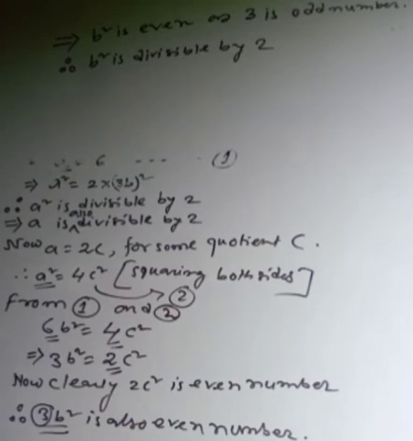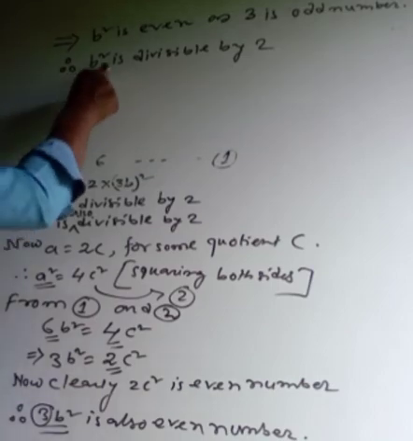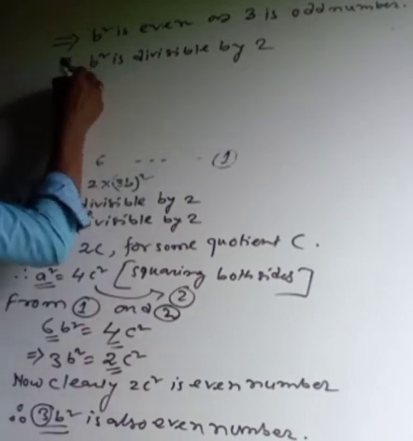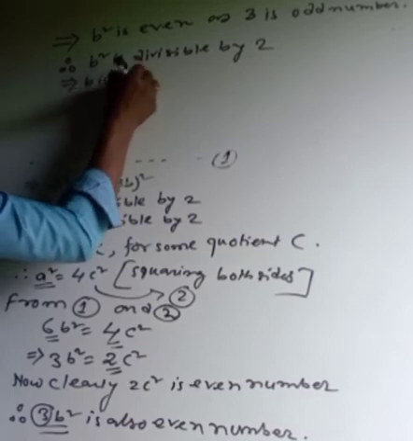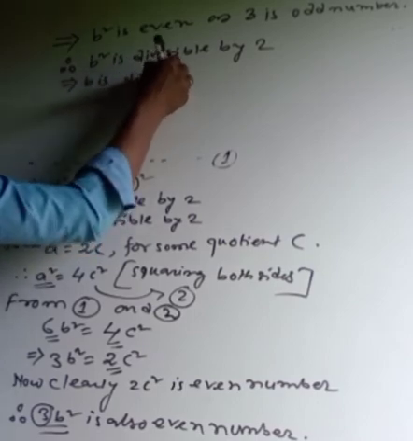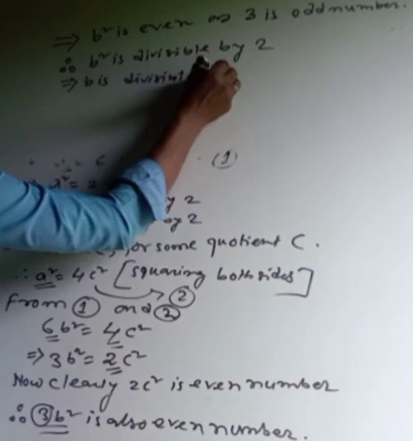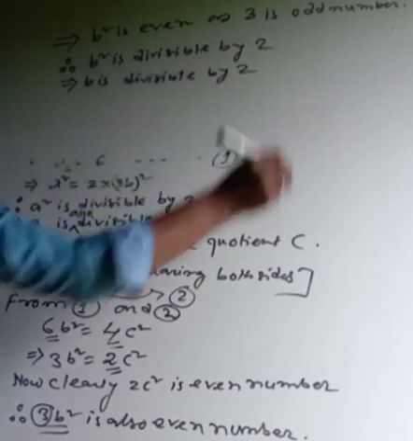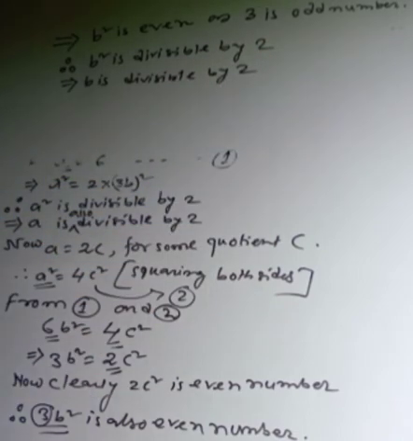So what can we see? b square is divisible by 2 means what? b is also divisible by 2.